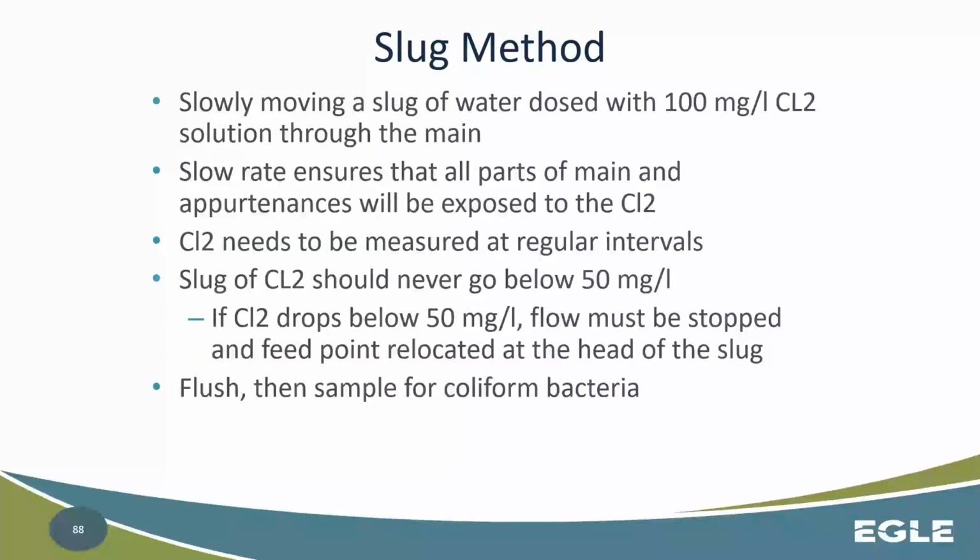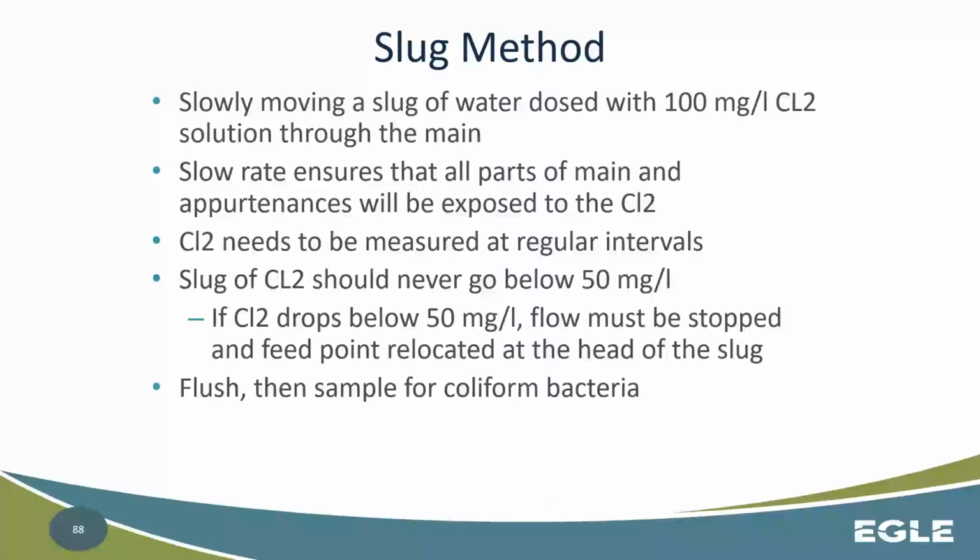The slug method is obviously a little bit different here. You're going to be moving a slow slug of highly concentrated 100 milligram per liter chlorine water through the water main at a very slow rate, right? You're basically exposing that water main to this really high concentration of chlorine. Again, operating those valves, operating those hydrants, things like that.